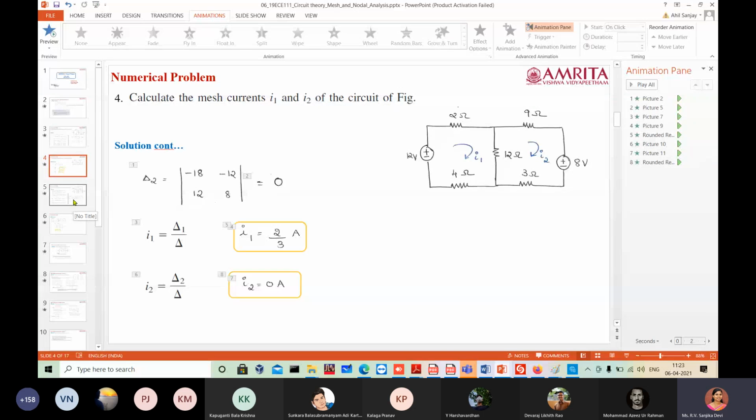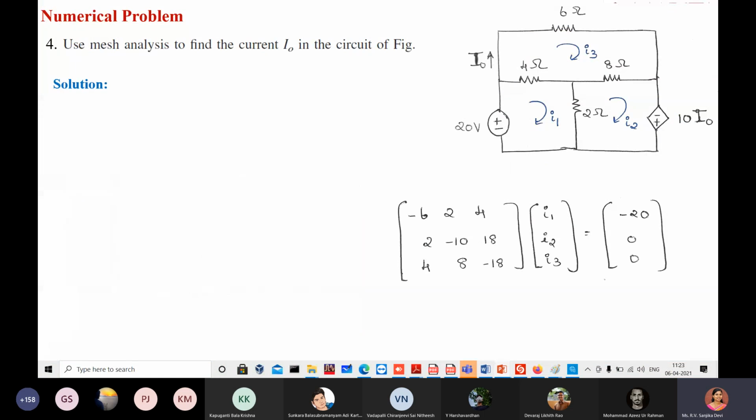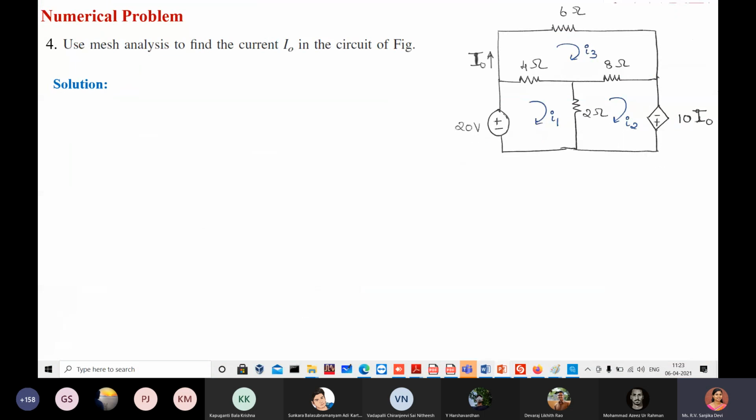So next we will do one more numerical where we will have a dependent voltage source. You can copy this question. Using mesh analysis, we have to find the current I0 in the circuit.